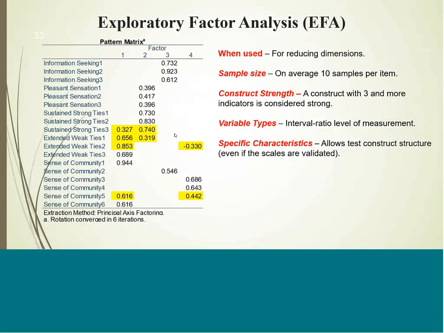I said, let's look at the construct structure. This is the construct structure, and the yellow highlights are items that load on two different factors. When I said high collinearity, that means the same item explains this factor and the other, so it contributes to two different factors. In other words, you would never know to which factor it really contributes.